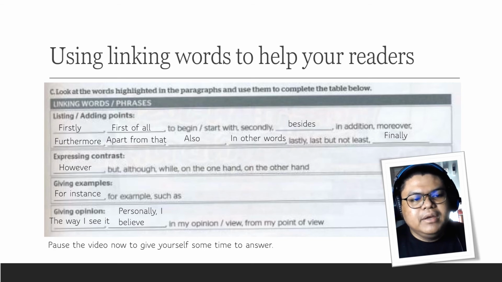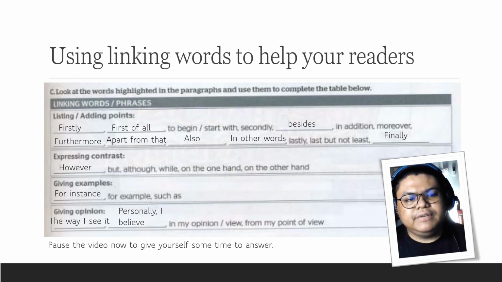Okay, so for listing or adding points, okay, the linking words that you can use, first of all, okay, so these linking words are only being used if you want to start your list, okay, di permulaan, and then besides normally we use it in the middle, okay, not exactly at the end.